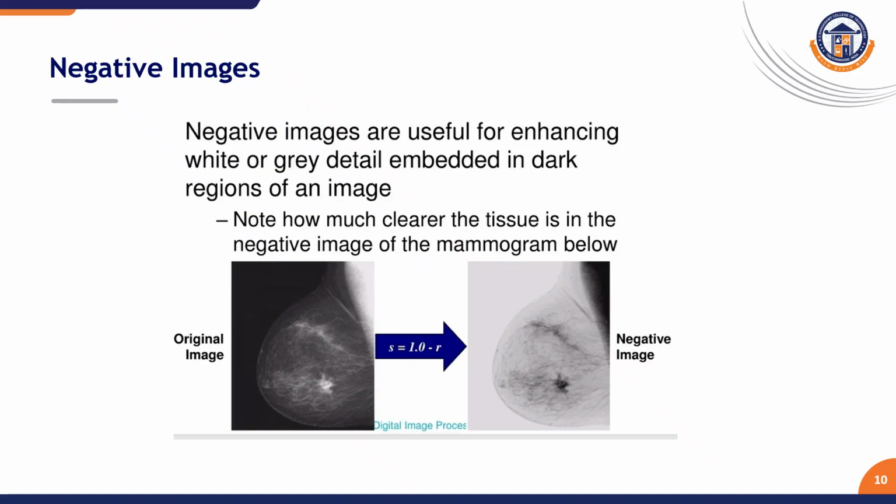Here is the negative image. The gray levels are converted into the opposite. So completely white becomes completely dark, and this pure transformation is known as the negative image.